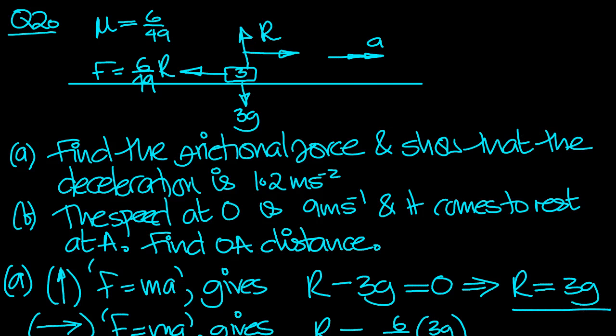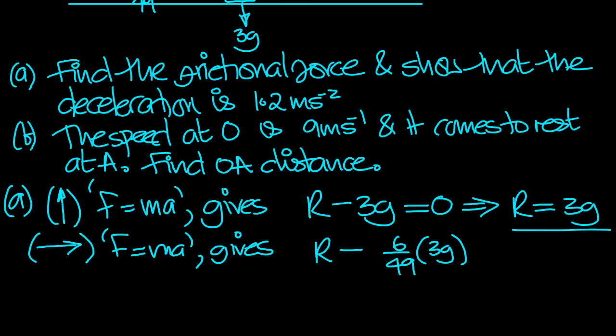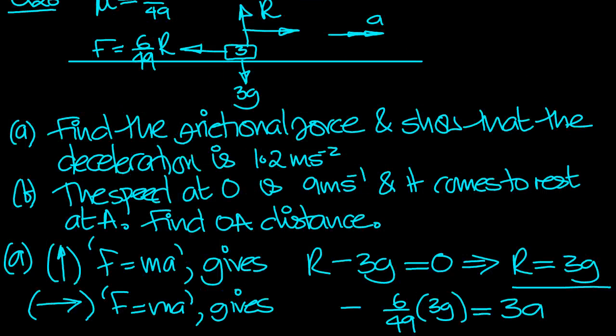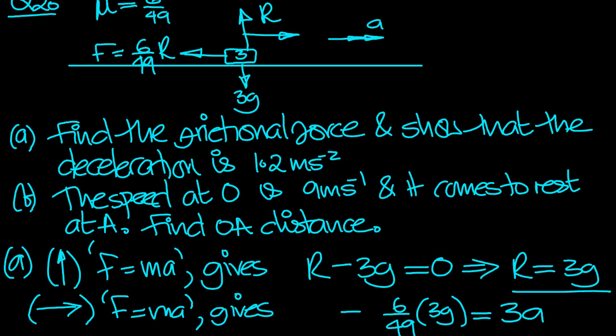There's no forwards force, sorry. I misread the picture there and didn't think about the question. So we've got no actual forwards force. We've got a backwards force, minus mu R, equal to the mass, which is 3, times the acceleration, which we've labelled in the picture as a.